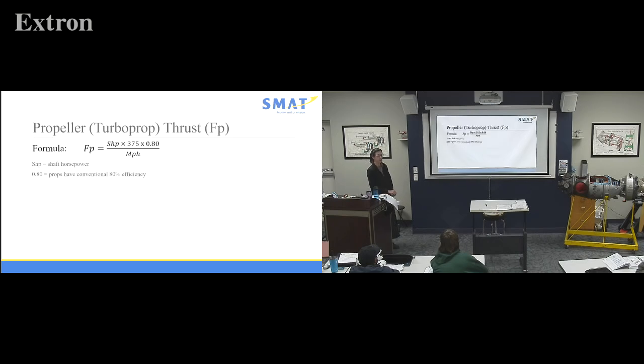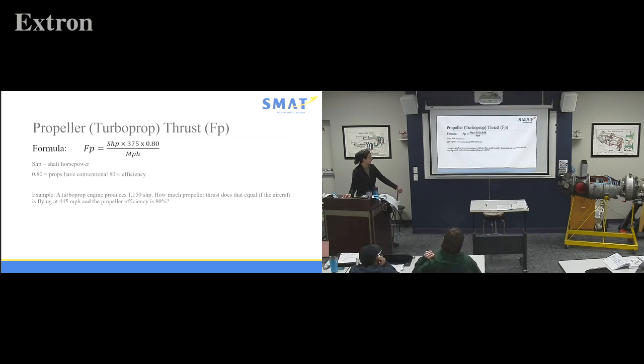Propeller thrust, so from our turboprops, we have shaft horsepower, and this 0.8 comes from the fact that, generally, props have 80% efficiency on turboprops. If we have shaft horsepower of 1,150, how much propeller thrust does that equal?